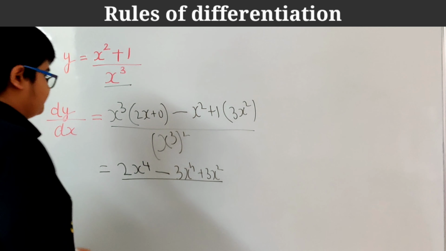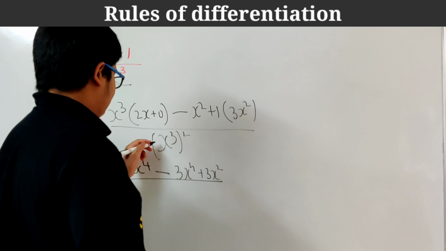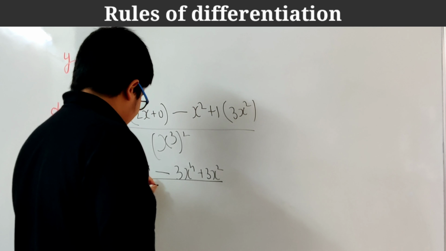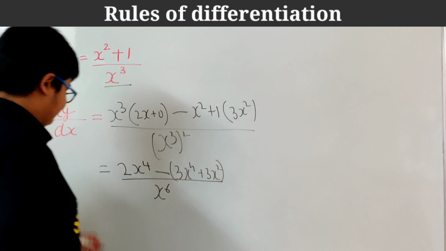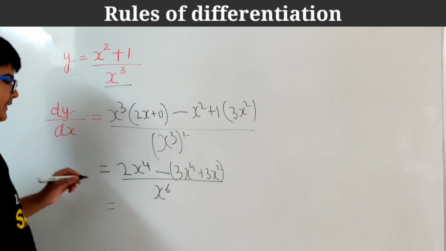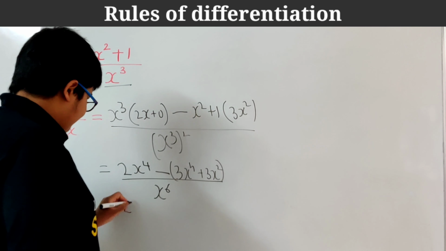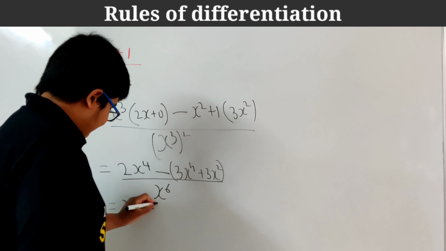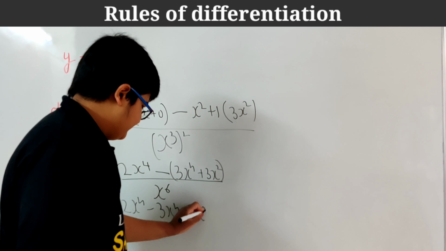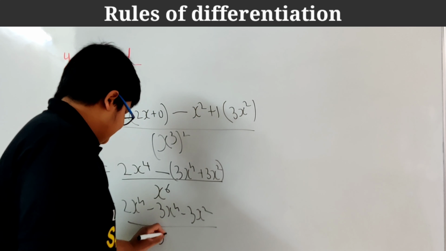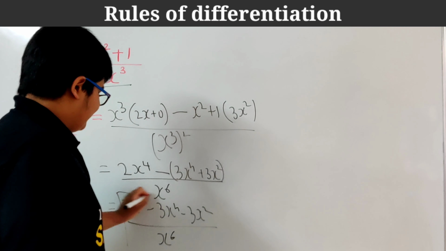Now in the denominator we will write x to the power 6. So further on simplifying, it will become 2x to the power 4 minus 3x to the power 4 minus 3x square upon x to the power 6. This will be our answer.